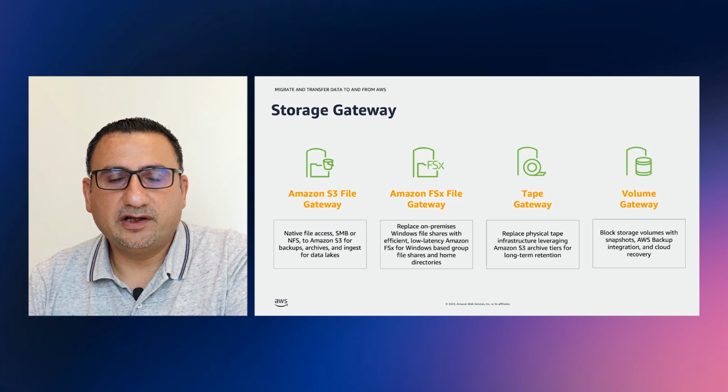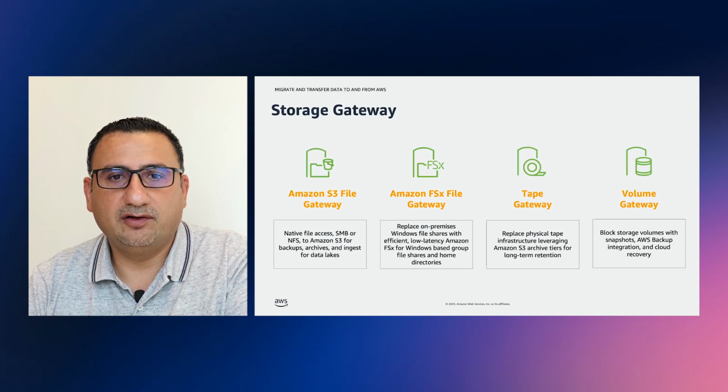Now, your data center will be connected to the file gateway through a file gateway VM that you install and deploy on premises, and you can interact with the file gateway as SMB and NFS, or you can also use S3 APIs for that matter. Once you store that data, it will go to S3 as a backend for that storage in the cloud, and the metadata of the objects, like the permissions and the ownership, will also be stored in S3.